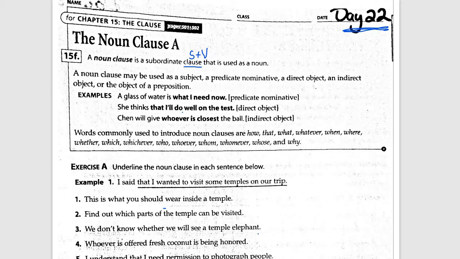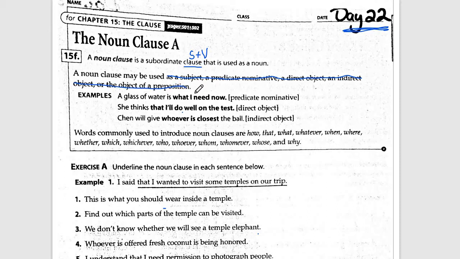Then your next notes inside of that top portion say a noun clause may be used as a subject, a predicate nominative, a direct object, an indirect object, or the object of a preposition. I'm not so much worried about those labels, because it doesn't even give you that much information about them, and we haven't really spent very much time on them, hardly at all.